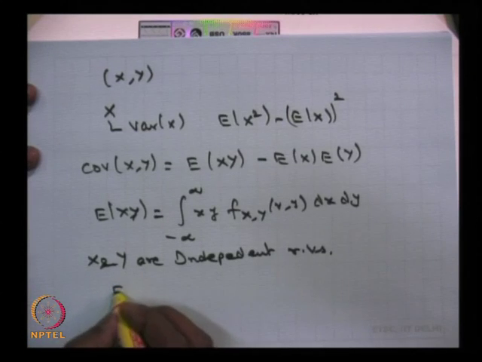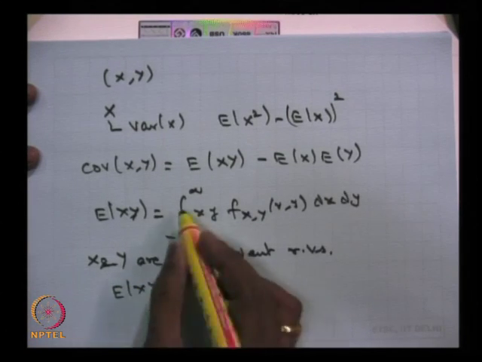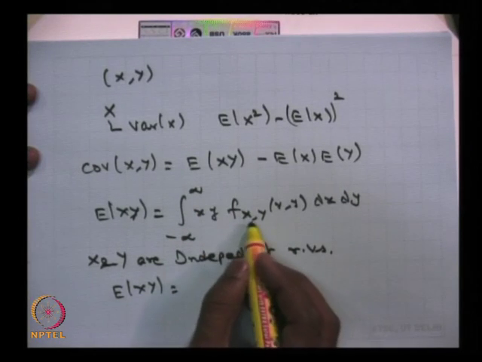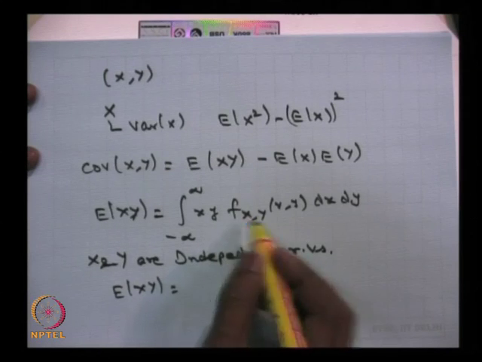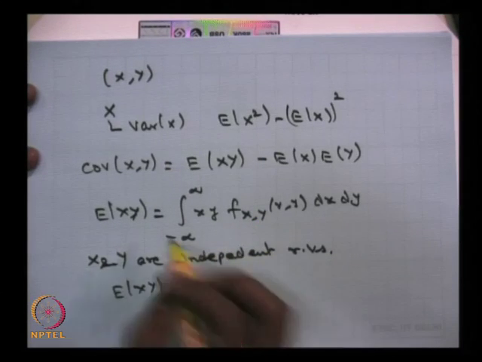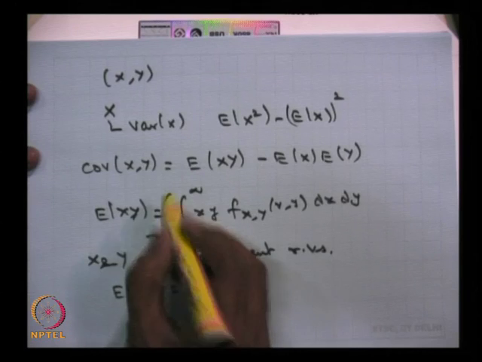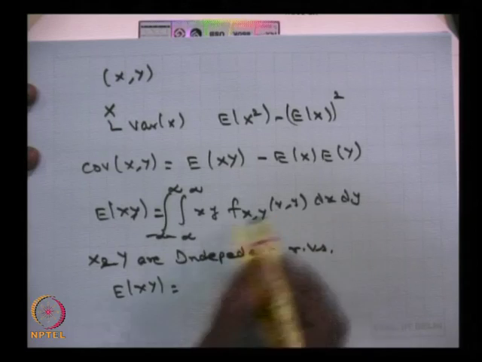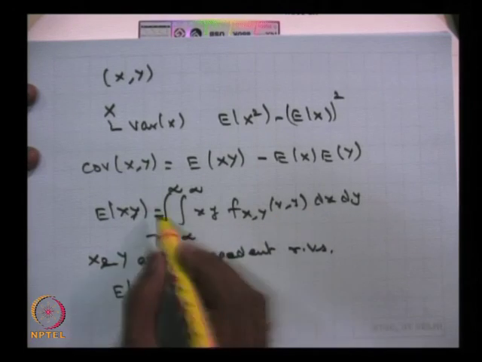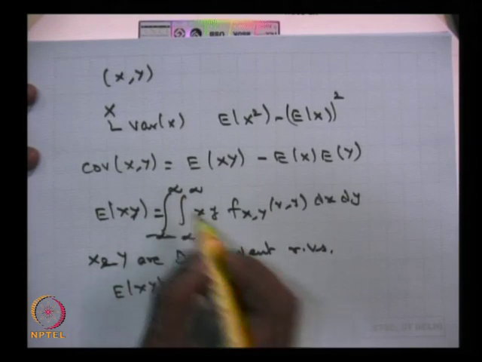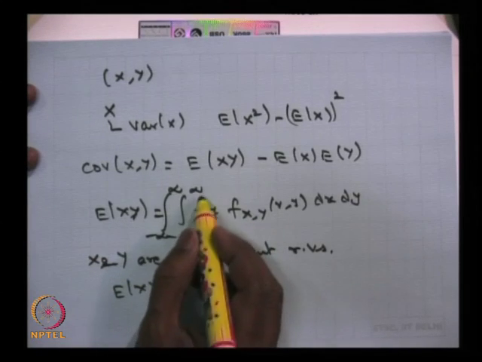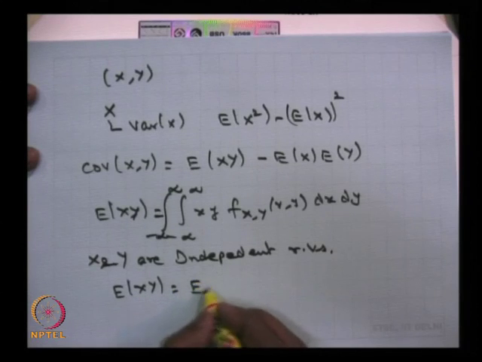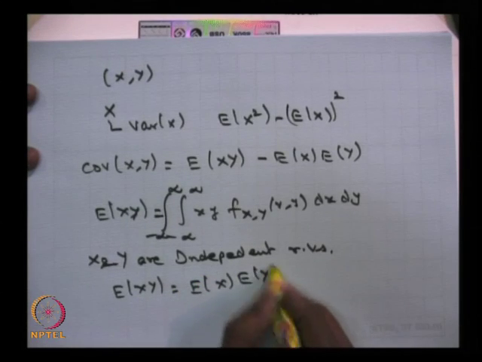Then for the expectation of x into y, in the situation where both random variables are continuous, this integration will be split into two parts, such that f of x comma y, integrated from minus infinity to infinity, is going to be the product of the individual probability density functions. Therefore the integration splits into two single integrations: minus infinity to infinity of x times f of x dx, and minus infinity to infinity of y times f of y dy. Therefore that is nothing but the expectation of x into expectation of y.